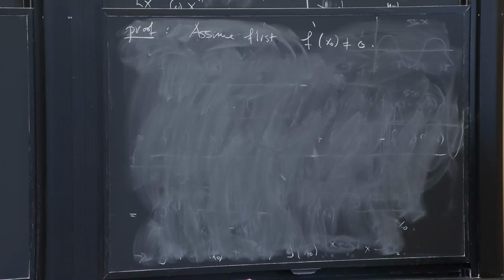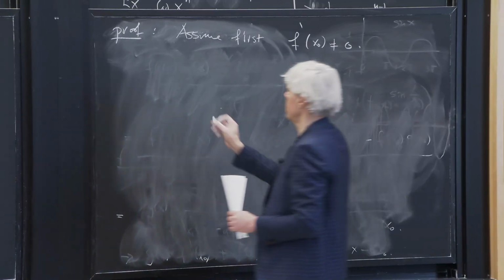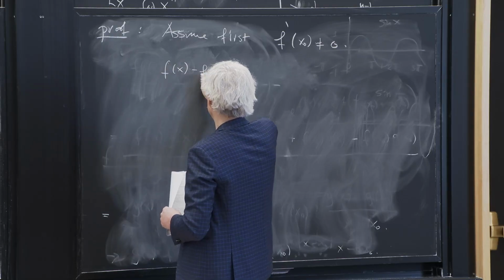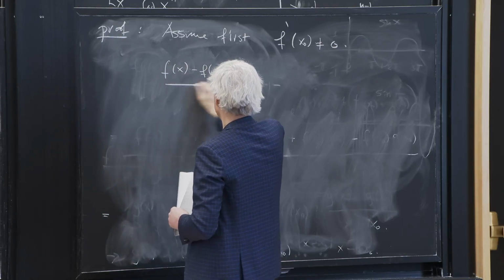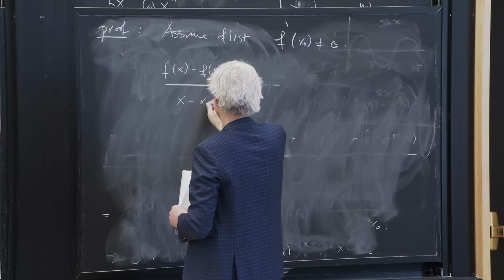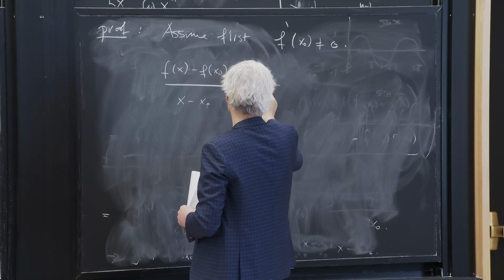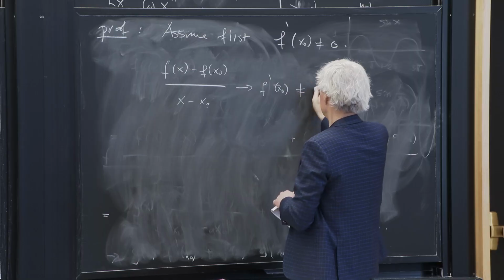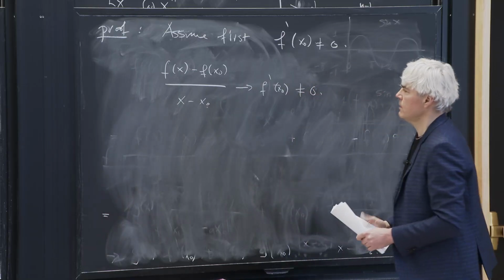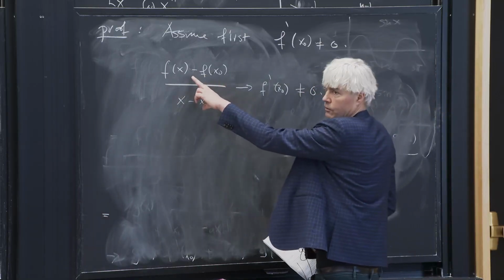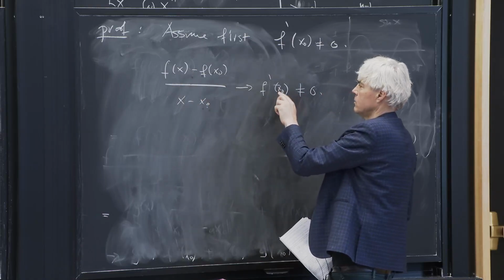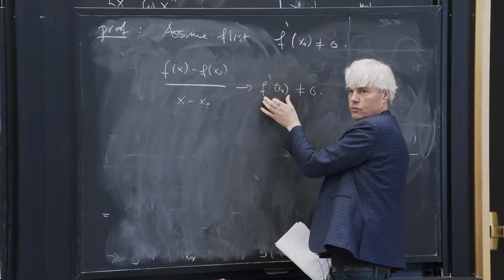What does this guarantee me? Well, remember that the derivative is the limit of this difference quotient. If this is not equal to 0, this means that when x is very close to x0, this thing here is very close to this thing that is not equal to 0.